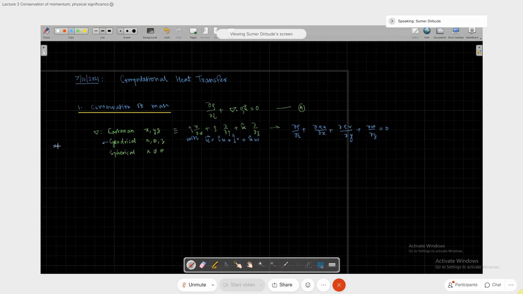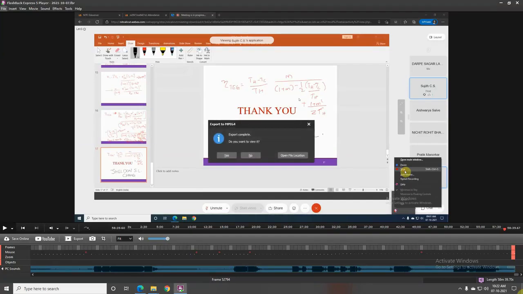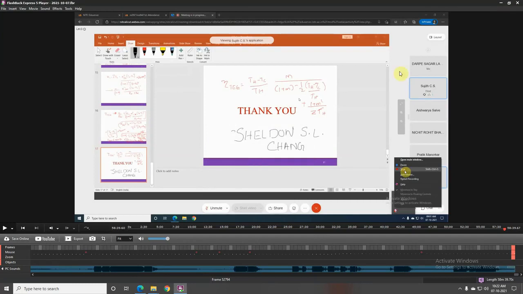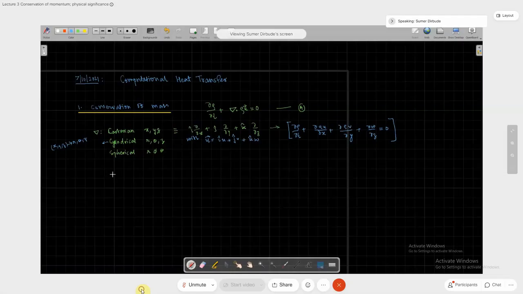If you know x, y, z and relate with r, theta, z, then we can convert these Cartesian equations into cylindrical coordinate equations. So I'll just write those equations in cylindrical coordinate.